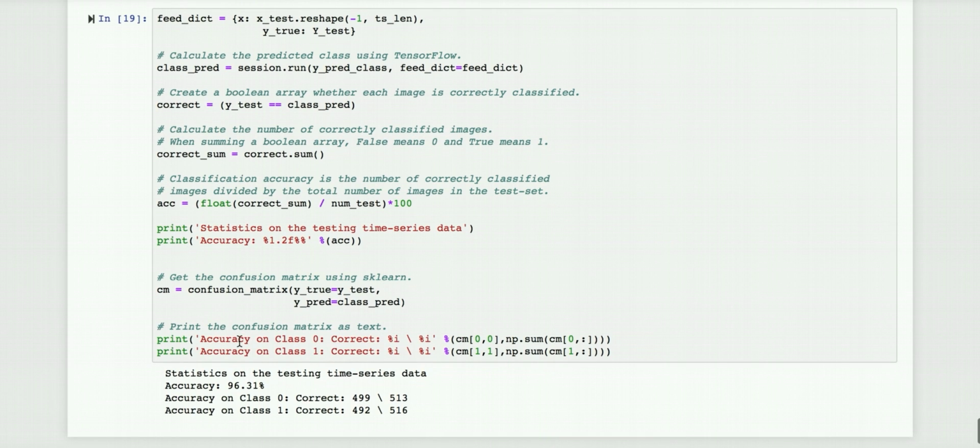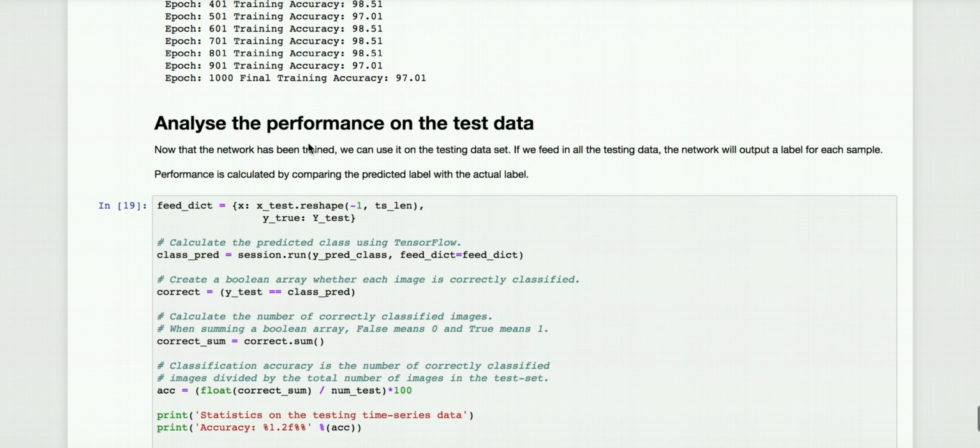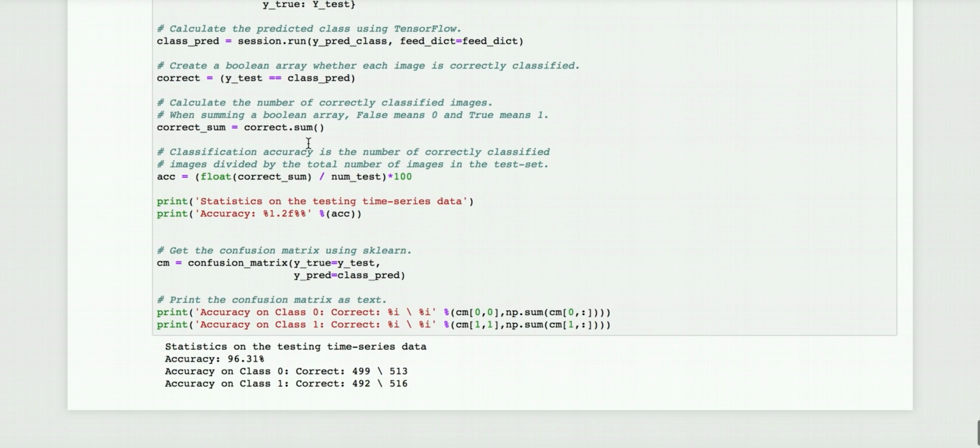And you can see we're feeding in roughly 1,000 test data instances, and we get an accuracy of 96.31%. So the accuracy is only slightly less than the accuracy on the training data, which is good. That shows that the convolutional neural network is actually generalizing quite well.